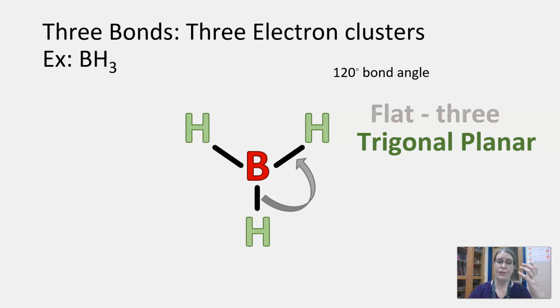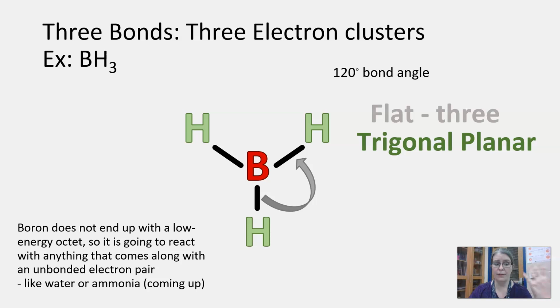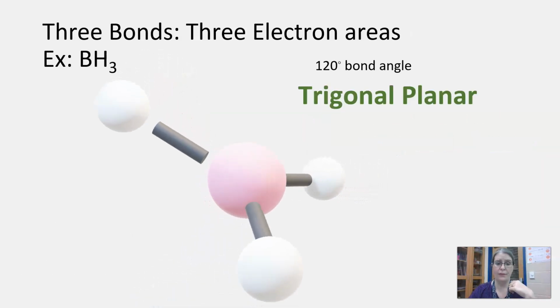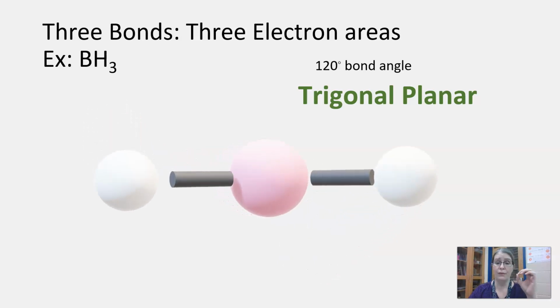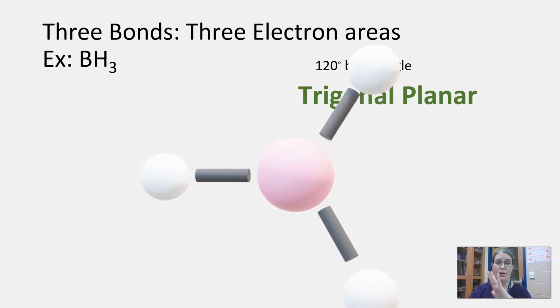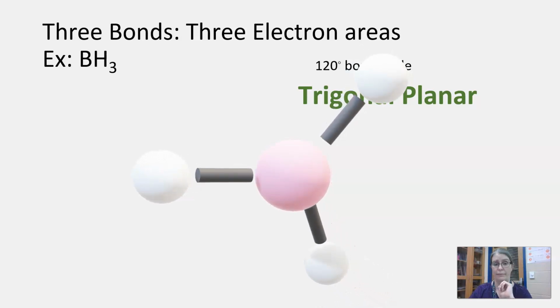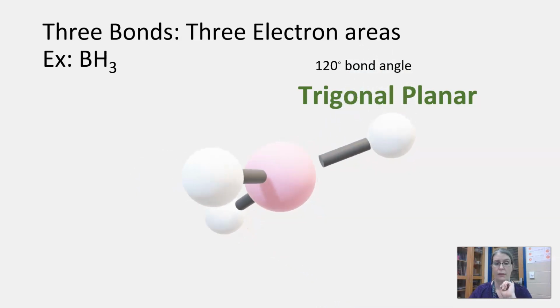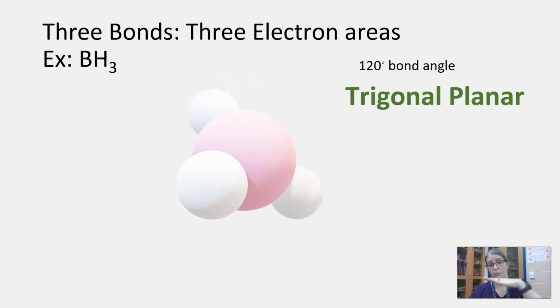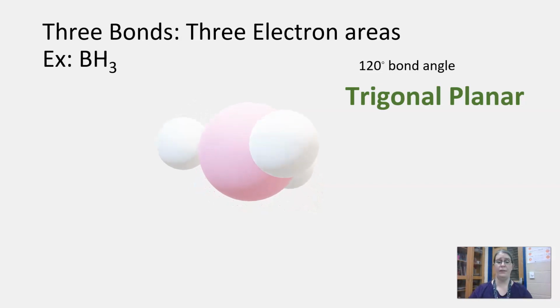So if I can show you the ball and stick model that's rotating here, that 120 degree angle gives me a trigonal planar molecule. You can see it's all flat. It's all in one plane. And then my space filling model again, it's all flat. You can see when it rotates up, it looks like a tabletop.